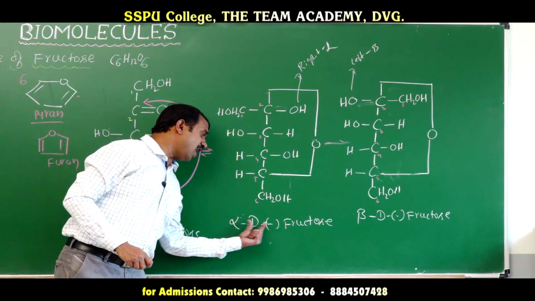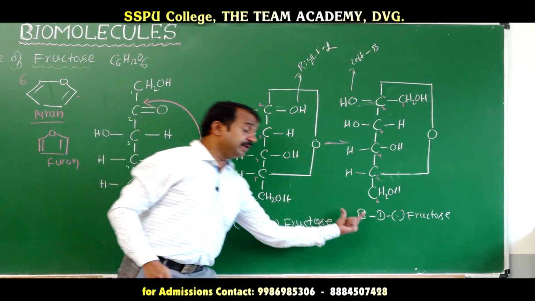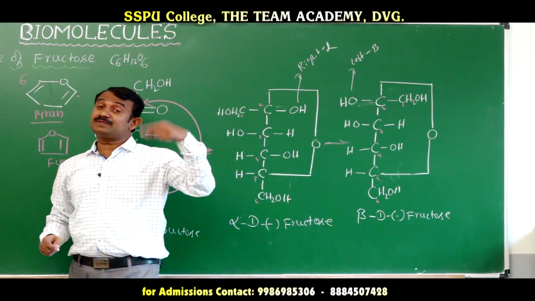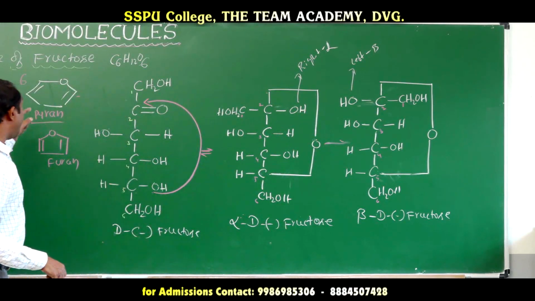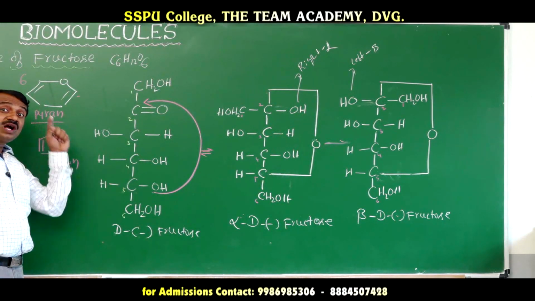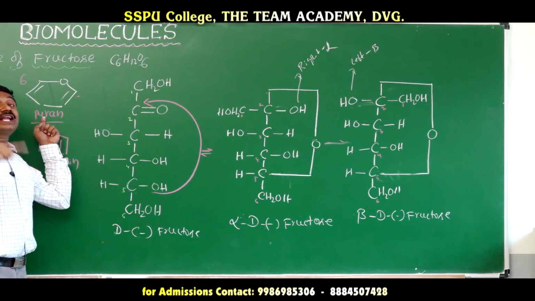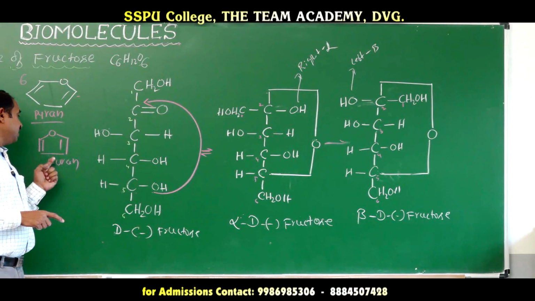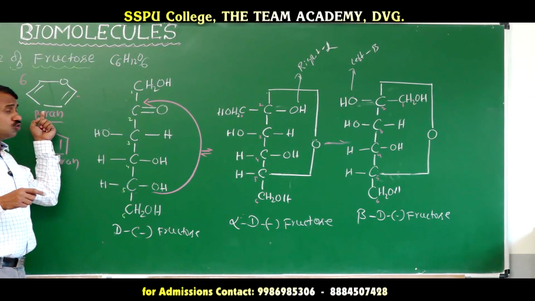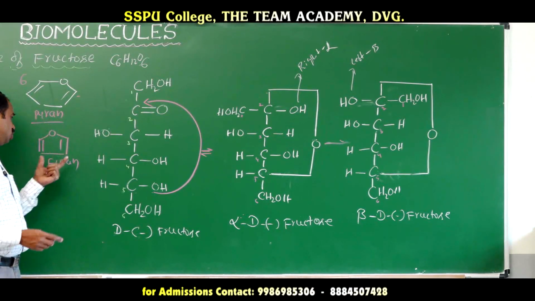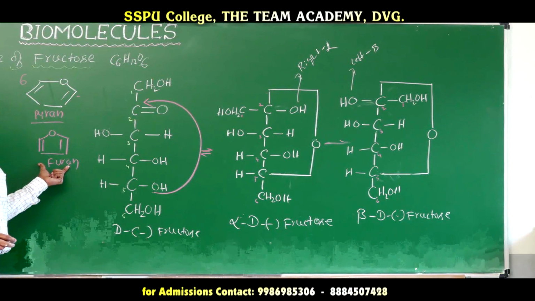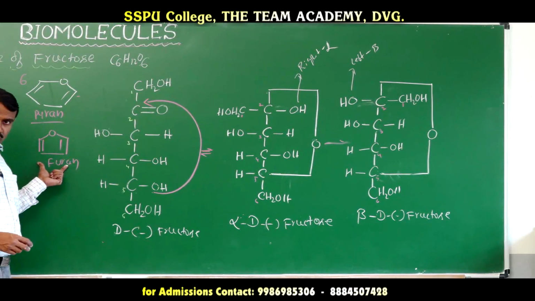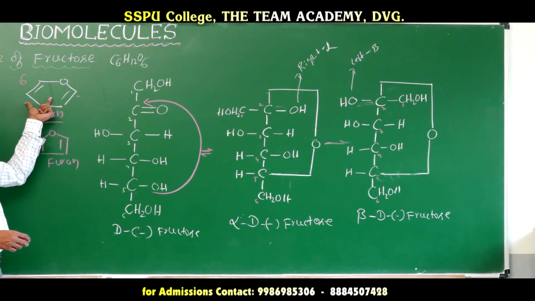This is alpha fructofuranose, beta fructofuranose, or sometimes they will ask to write the structure of alpha glucopyranose, okay. Here also beta glucopyranose. Pyranose is nothing but glucose, furan means fructose. It's a 5-member ring, this one is a 6-member ring.